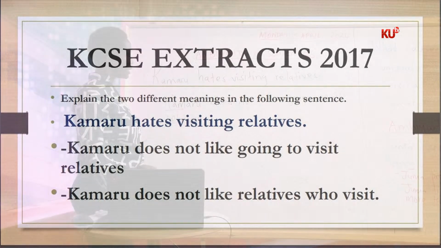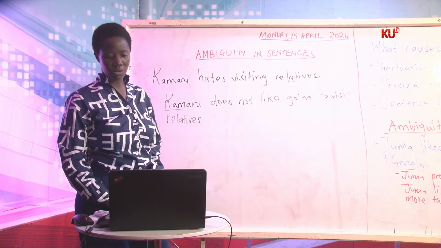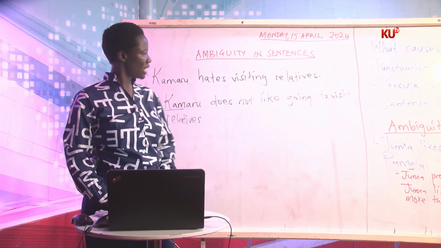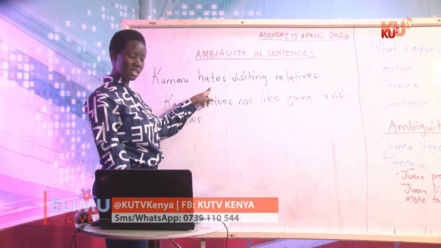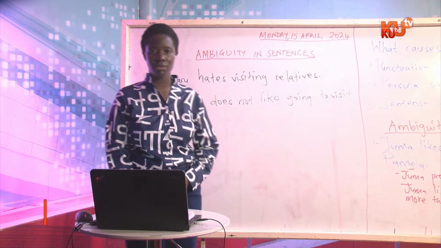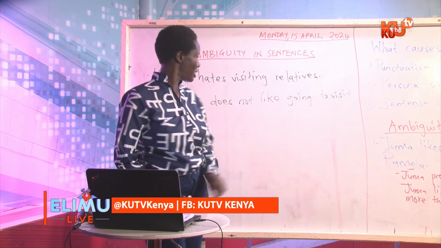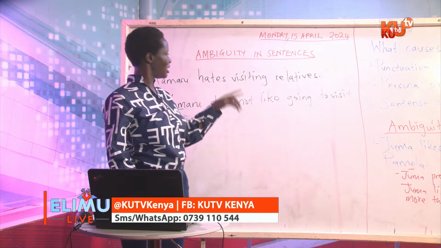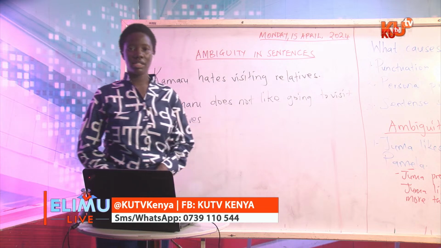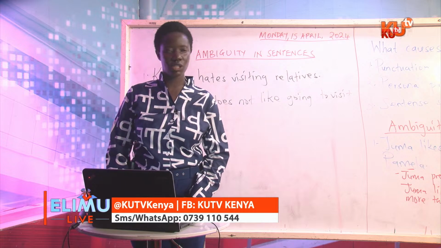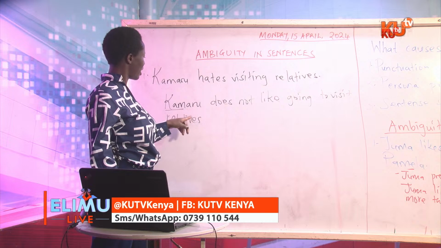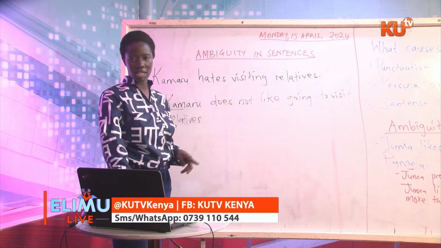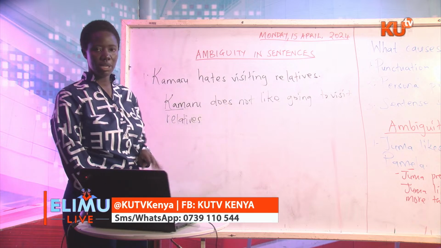If I can explain further, for you to remove ambiguity in this sentence, we have to look at the word hates, which is the action, or rather the verb in this statement. If you repeat the same, Kamau hates visiting relatives, the ambiguity will still be there.